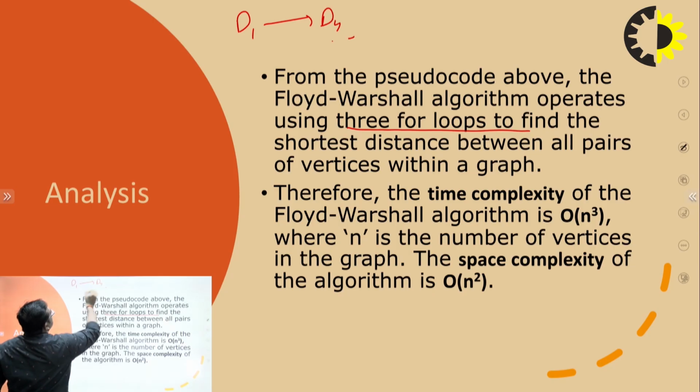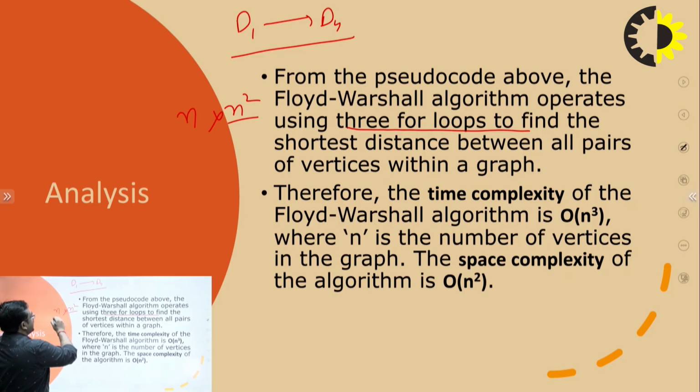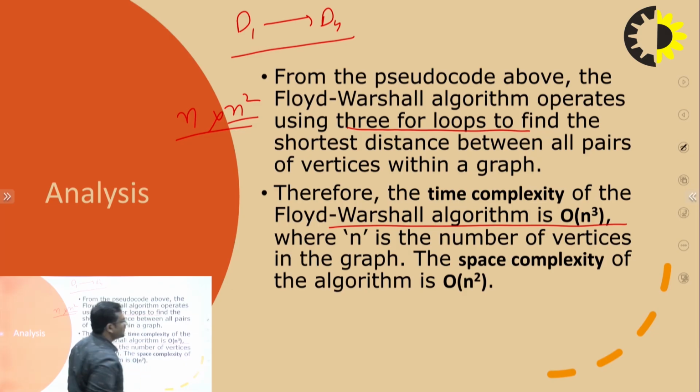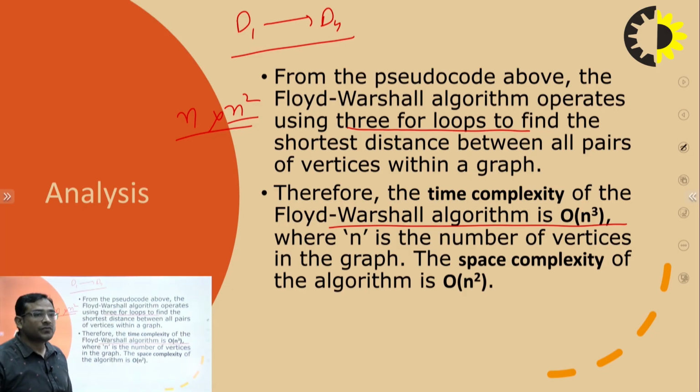And every time you should check every row and every column, that means you have to run n square times, and this is running n times.